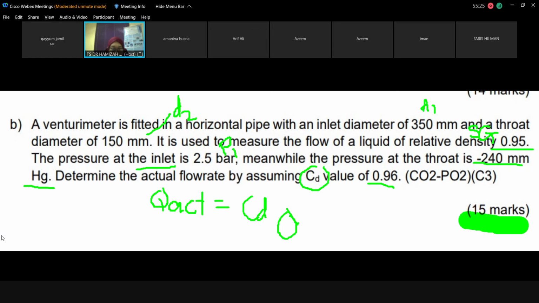Okay, you can try. All the unit conversions you can refer to the topic properties. We will discuss this question in the next class. So let's continue with orifice.